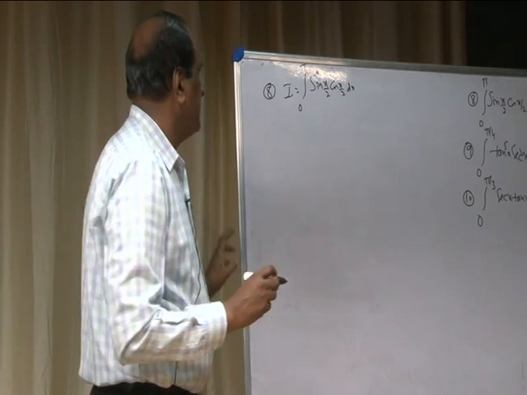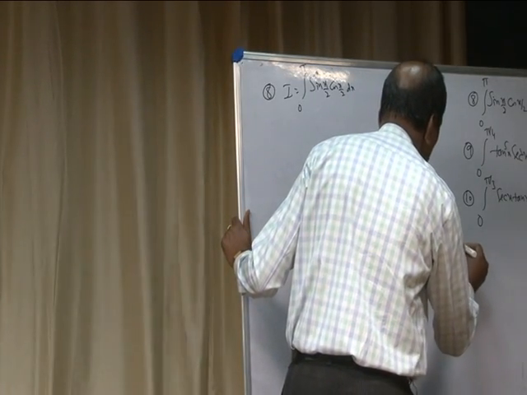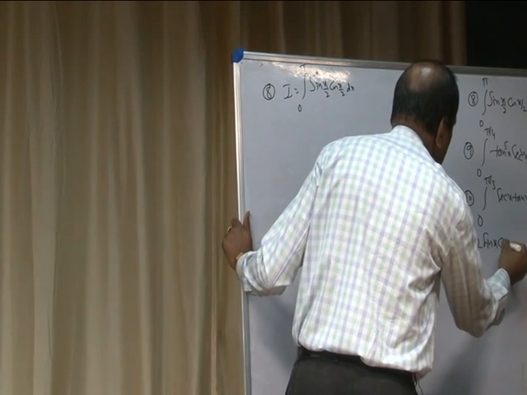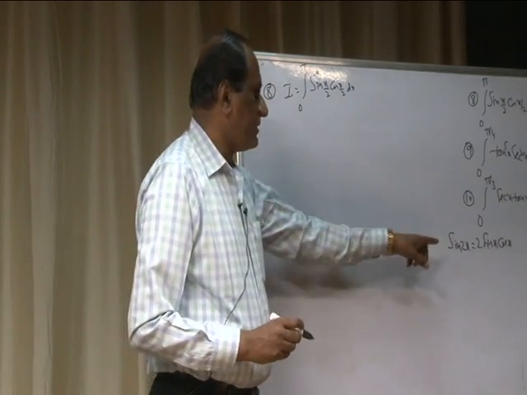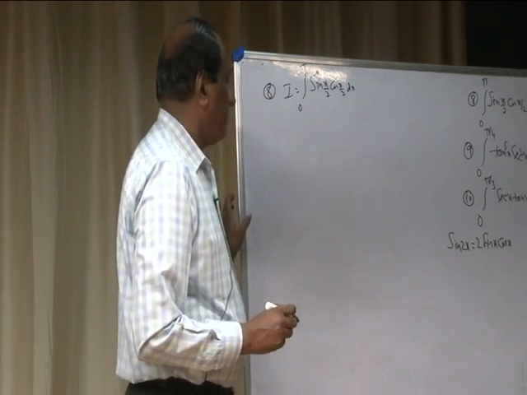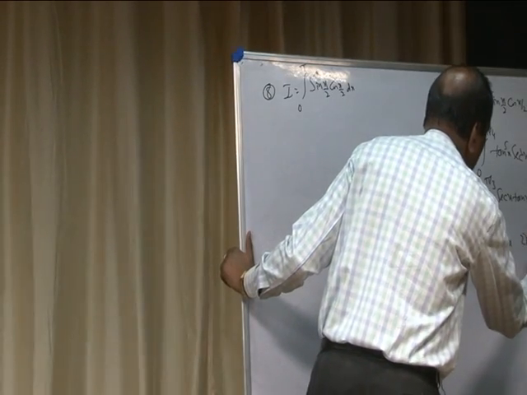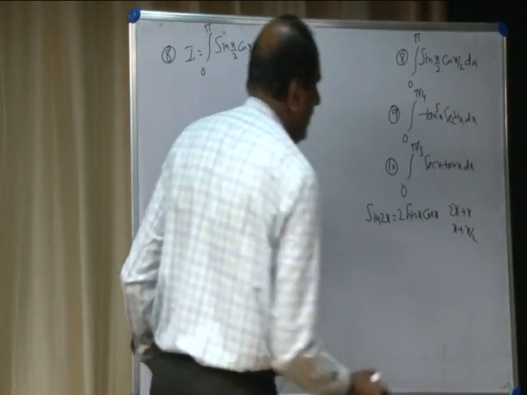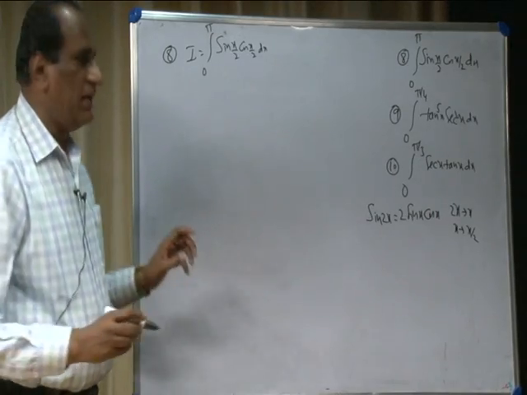Now, there is one result, that is sin 2x is equal to 2 sin x cos x, the multiple angle formula with respect to sine function. Now, replace 2x by x and x by 2 in the multiple angle formula. So, you will be getting the half angle formula.